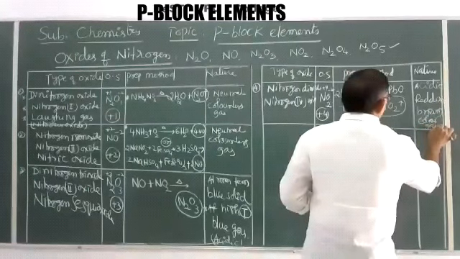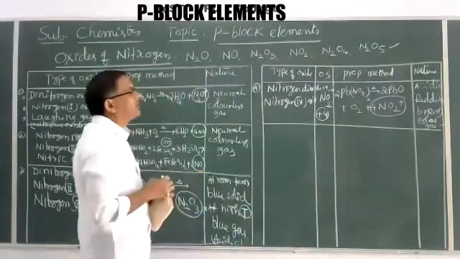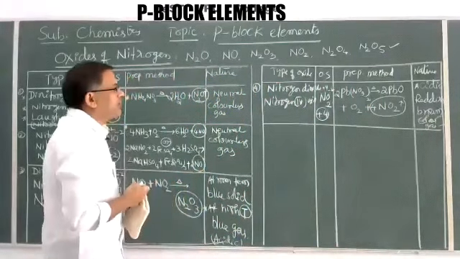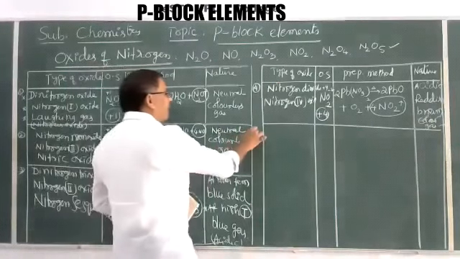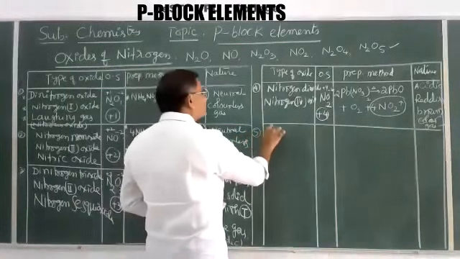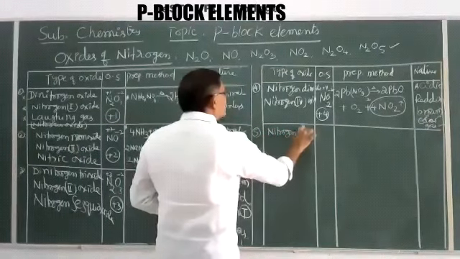A reddish brown color gas. This is the fourth one, nitrogen dioxide, nitrogen 4 oxide. Then the fifth one is nitrogen tetroxide.